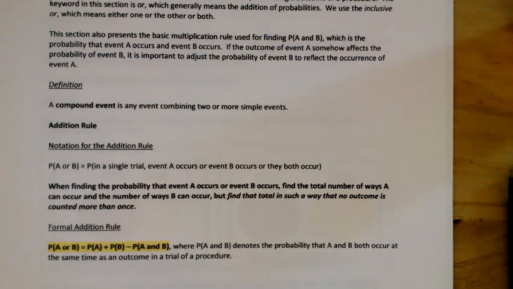So when finding the probability that event A or event B occurs, find the total number of ways A can occur and the number of ways B can occur. But you have to find that total in such a way that no outcome is counted more than once. Okay, you want to exclude the overlap in events A and B.